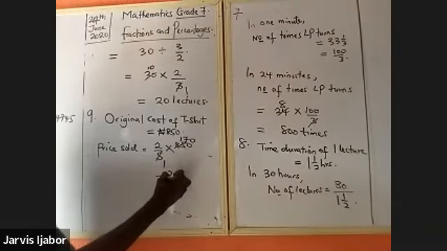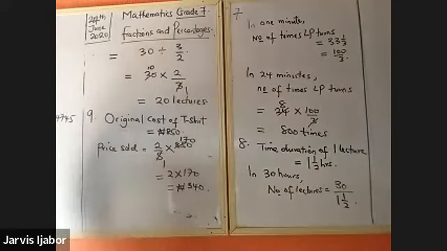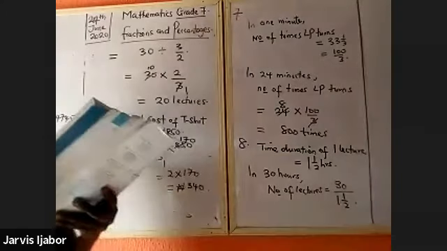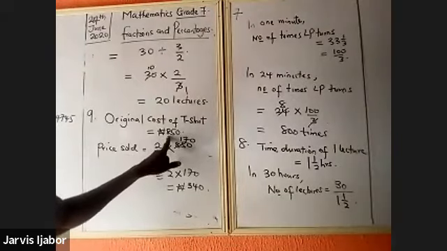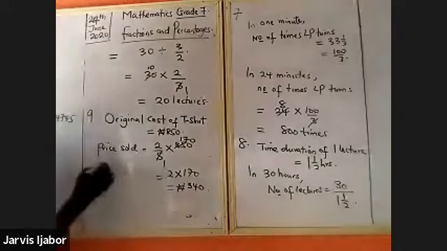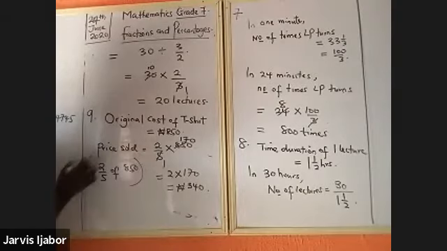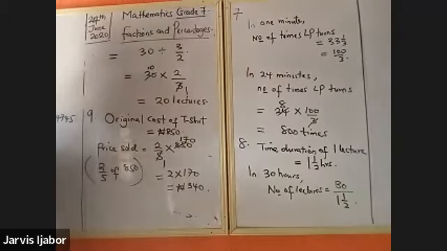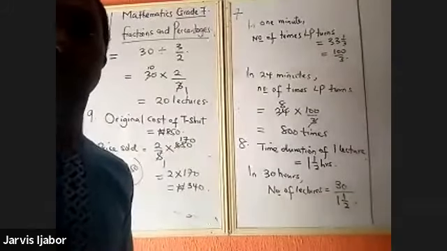That will be 2 times 170, and that will be 340. They are sold for 2/5 of the original cost. The original cost is 850. So they are now being sold for 2/5 of 850. That's what it means. I know that "of" actually means times in mathematics. Are we together?